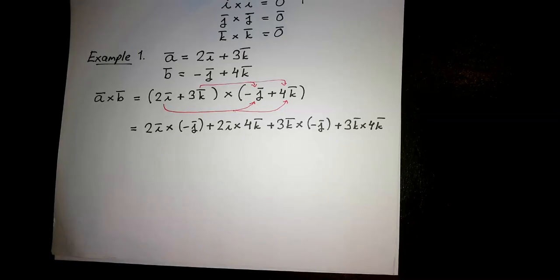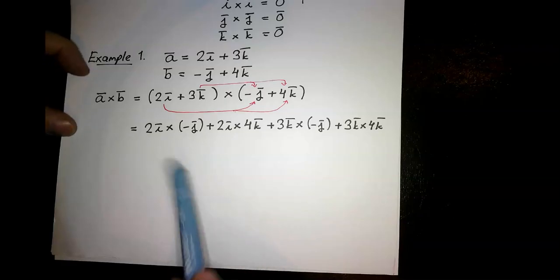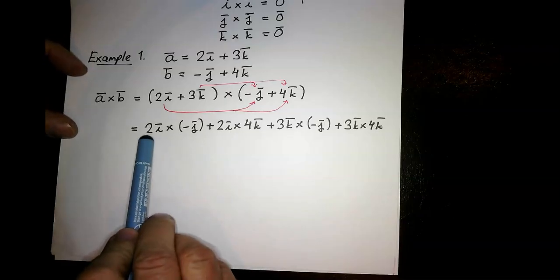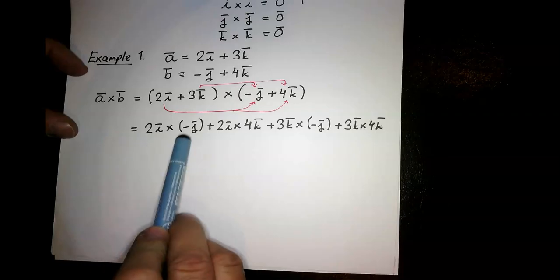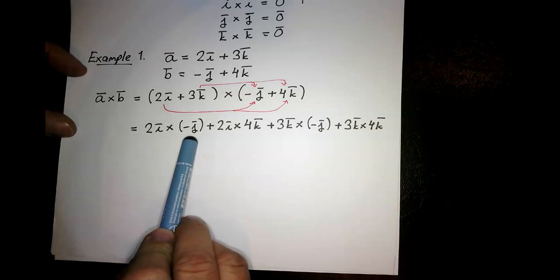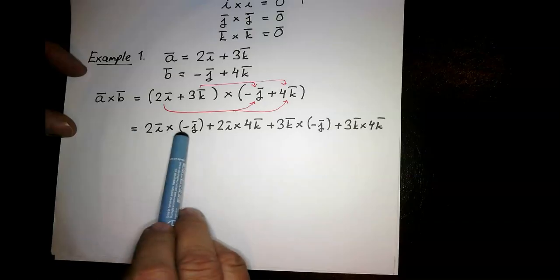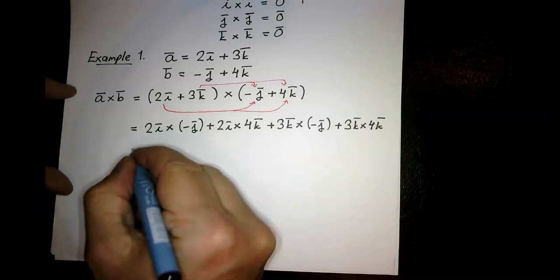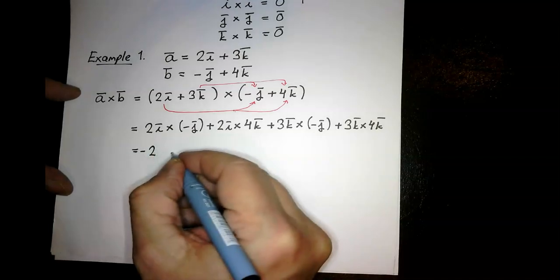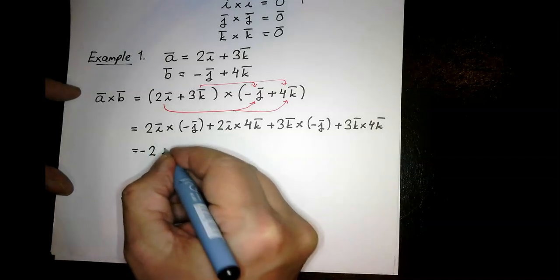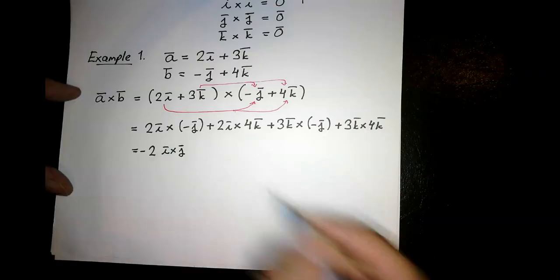So first I will check the factors there, or those numbers in front of those unit vectors. I have here 2 in front of i and actually minus 1 in front of j. 2 times minus 1 will be minus 2, so this will be minus 2, and then there is i cross j.